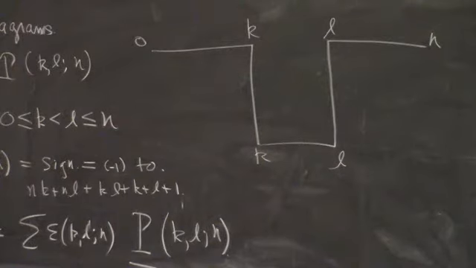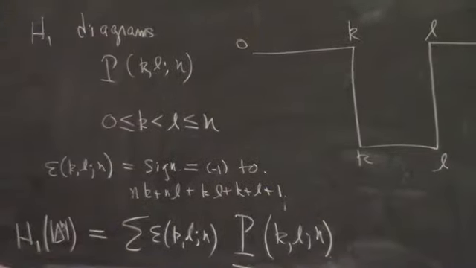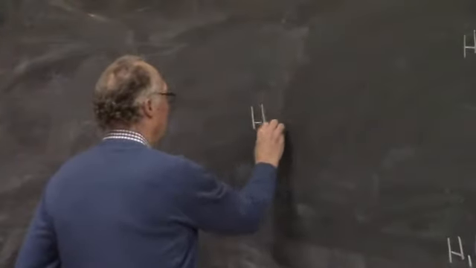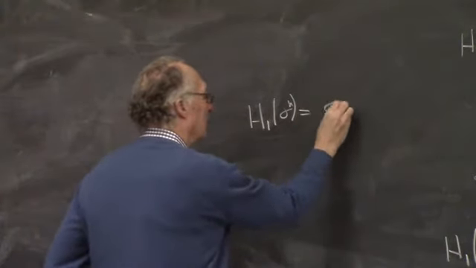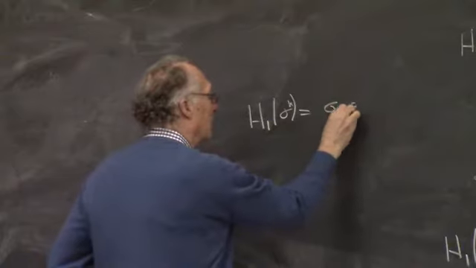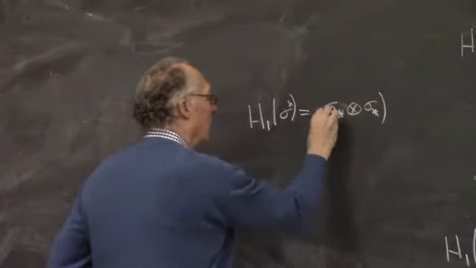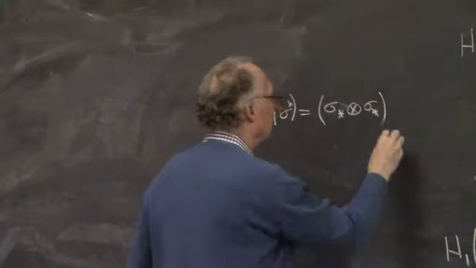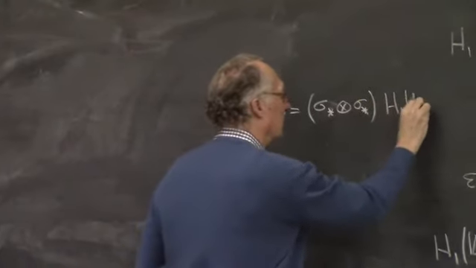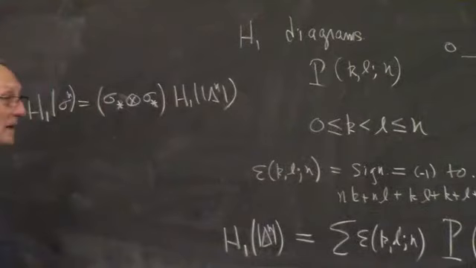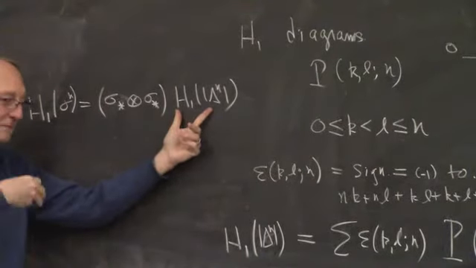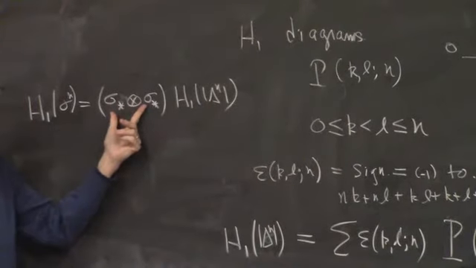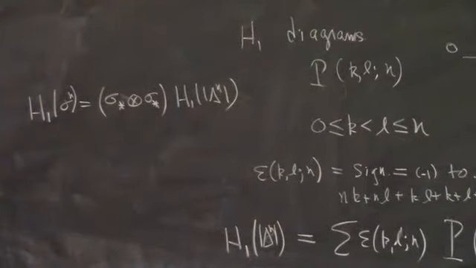And once you have, as before, H1 on delta N, you define H1 on an N simplex sigma to simply be sigma star tensor sigma star, the map induced on singular chains, of H1. This is an element of the tensor product of the singular chain of delta N with the singular chains of delta N. You just push forward both factors, just like we did before. Okay.